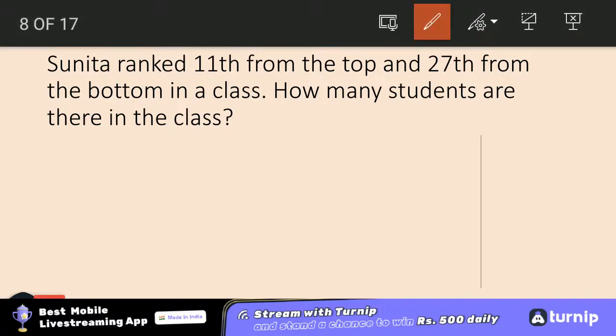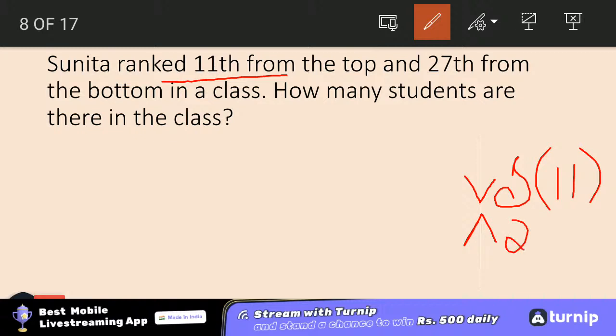So, Sunita is ranked 11th from the top. I hope it's clear to you all. Sunita ranks 11th from the top and 27th from the bottom. So the same girl Sunita has two rankings, one from the starting and the other from the ending.